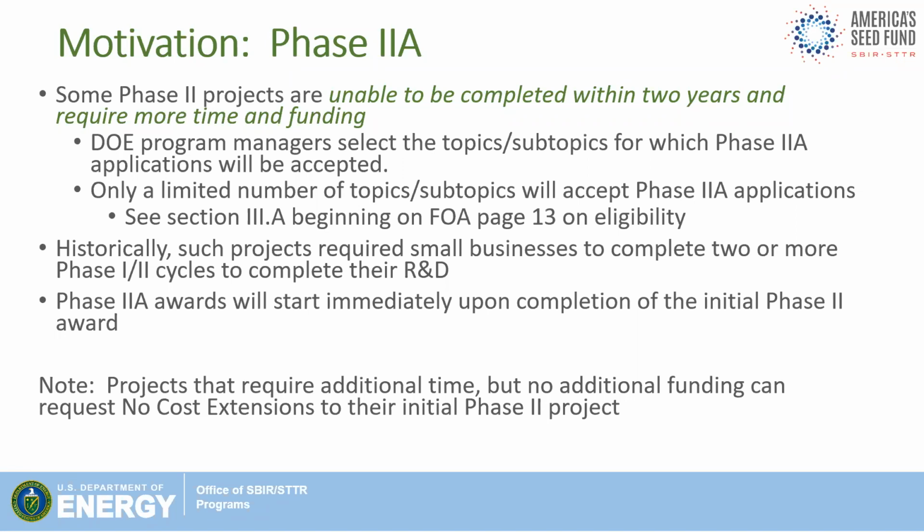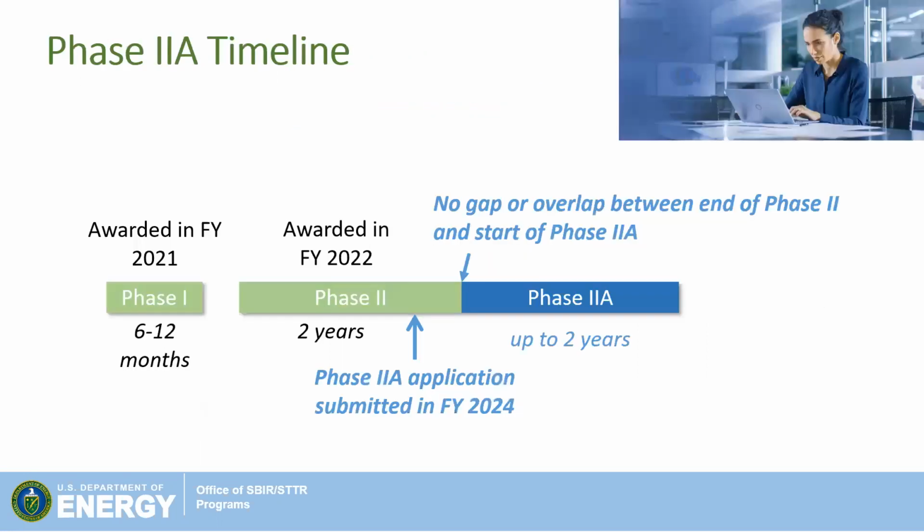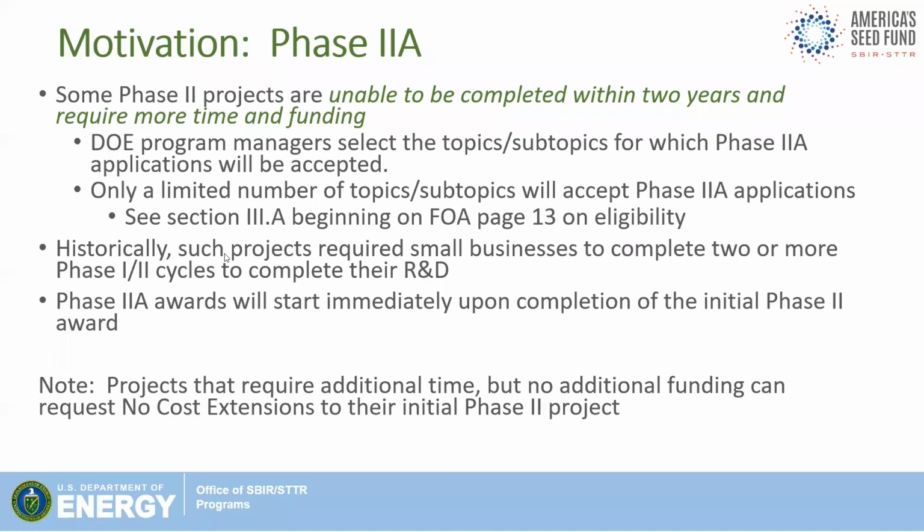And just be careful if you're planning to submit a phase 2A application. You don't want to request a no-cost extension that would interfere with or go past the beginning of the phase 2A award. So you need to get your phase 2 project done before the 2A award starts. Eileen, can I add to that? Please do.